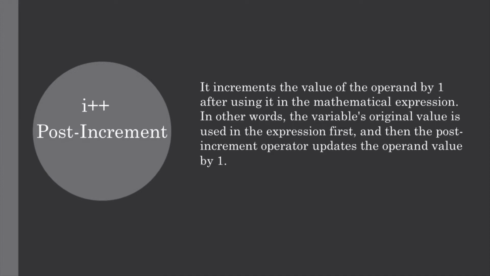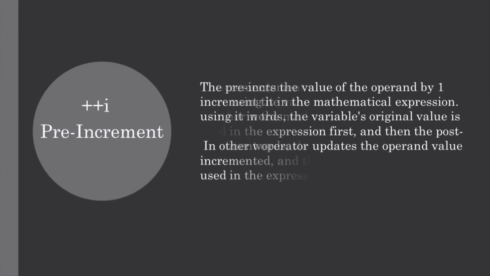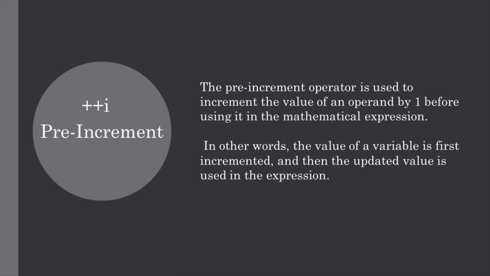Let's understand what is pre-increment operator. The pre-increment operator is represented as the double plus symbol placed before the variable's name. For example, plus plus a, plus plus I, plus plus j, these are called the pre-incrementation of a variable, and the pre-increment operator is used to increment the value of an operand by 1 before using it in the mathematical expression.